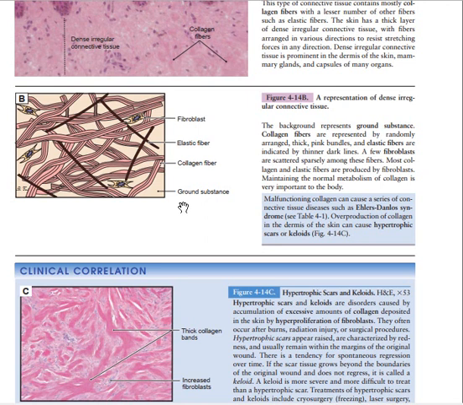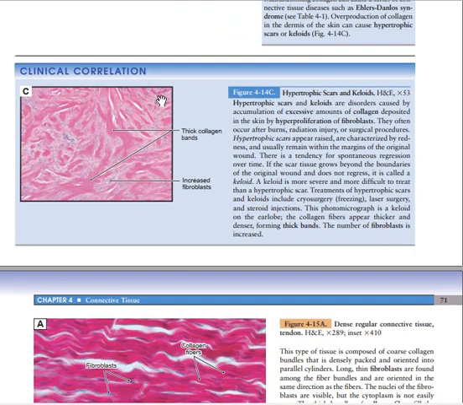If it is a malfunction, it is going to result in Ehlers-Danlos syndrome and other syndromes that you have seen in the table above. And if it is due to overproduction of collagen in the dermis, it may produce hypertrophic scars or keloids. Now, clinical correlation: what are hypertrophic scars or keloids?